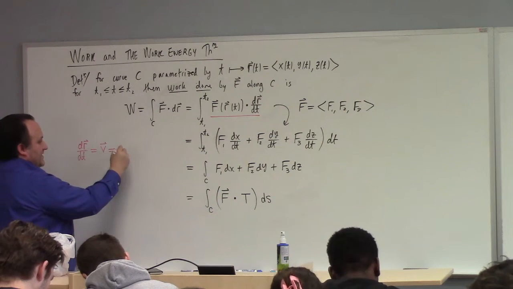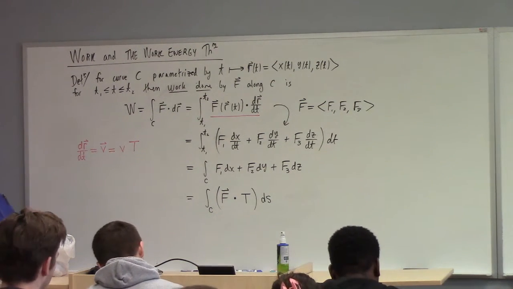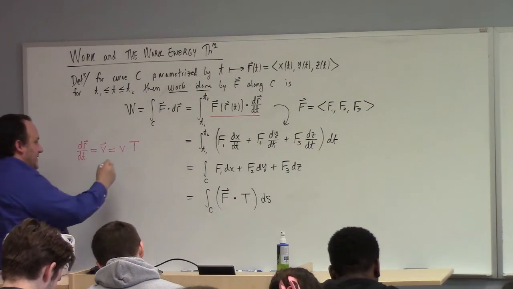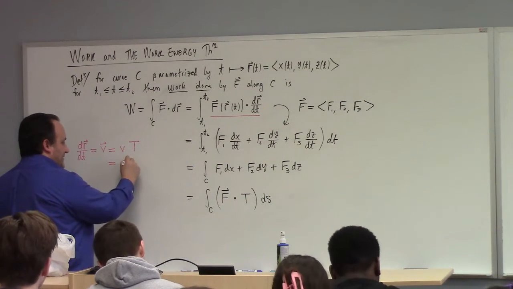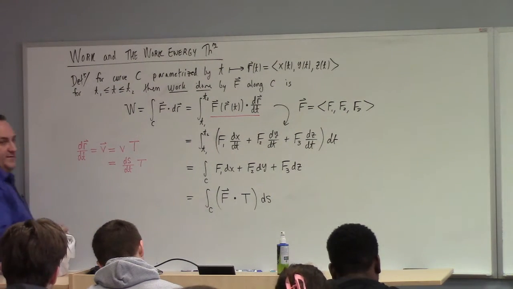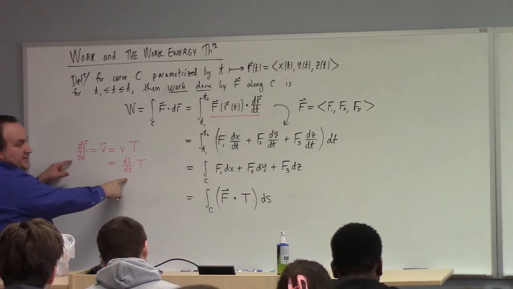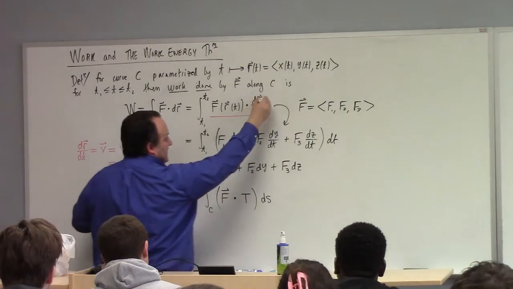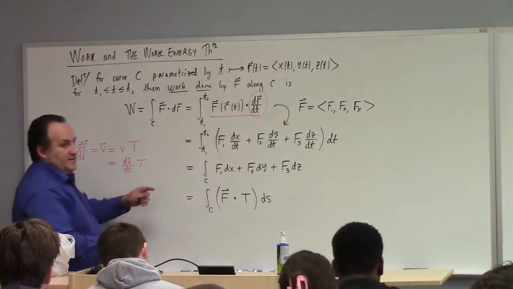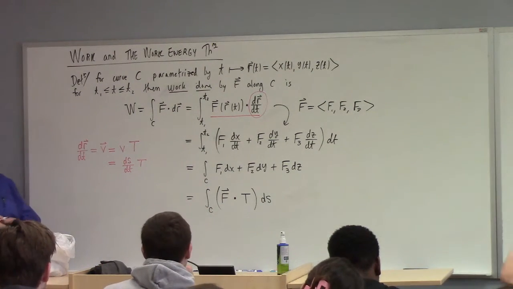So you can write the velocity as the speed times the unit tangent. The speed times the unit tangent, but what is that? That's ds dt times the unit tangent. So if you plug this formula in for the velocity right here, you just get the force dot the unit tangent integrated over the arc length.